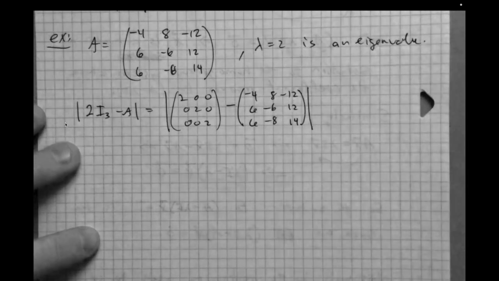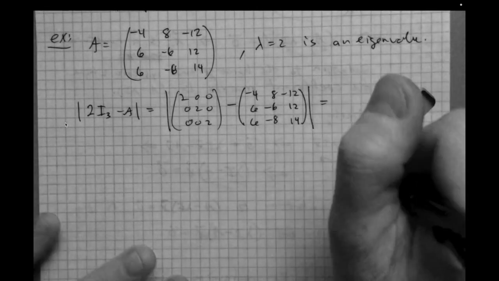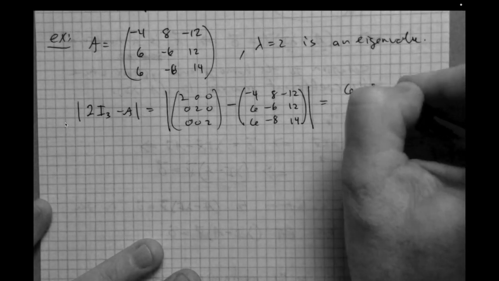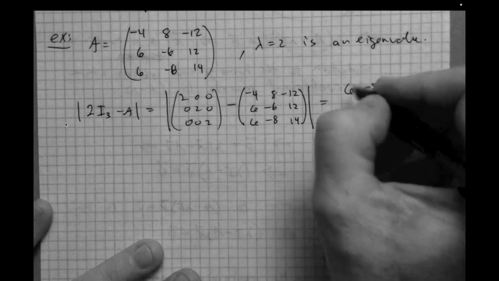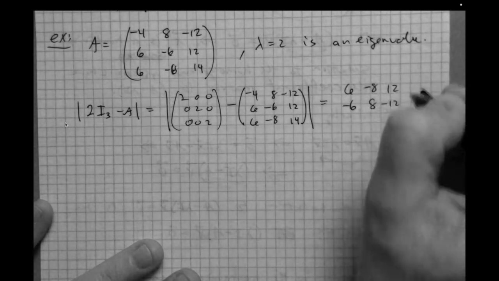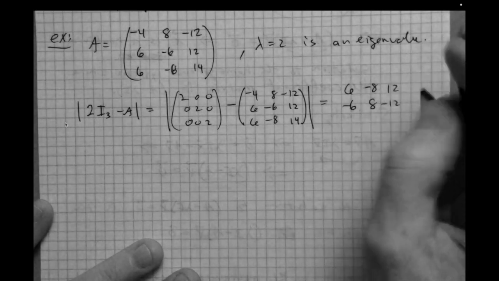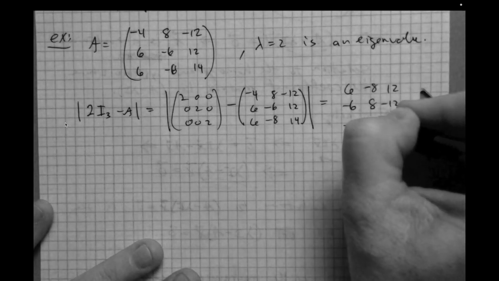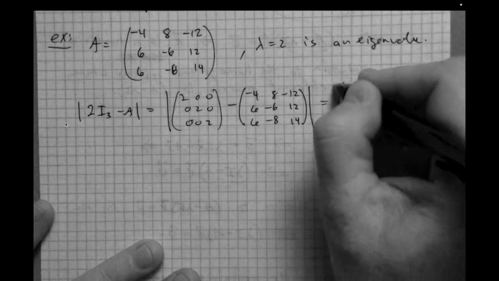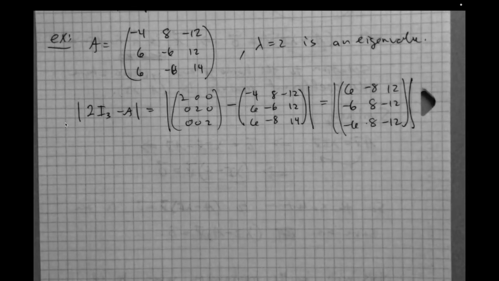And so when we do this subtraction, we get 6, -8, 12, -6, 8, -12, and then -6, 8, -12 again. So we've got this matrix, and we want to find the determinant of this.